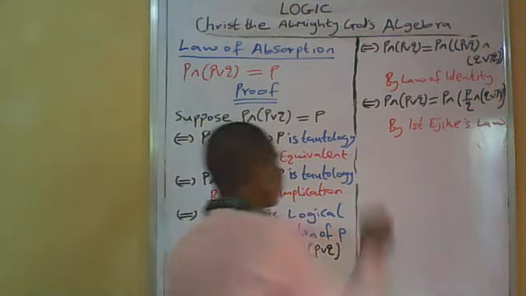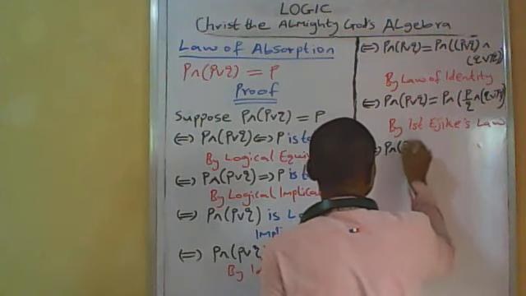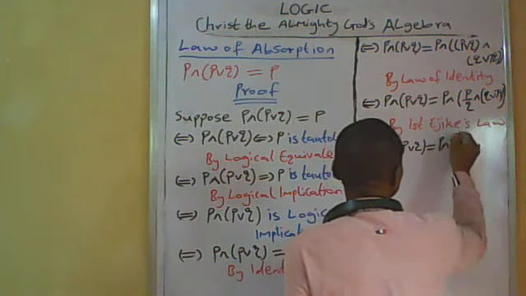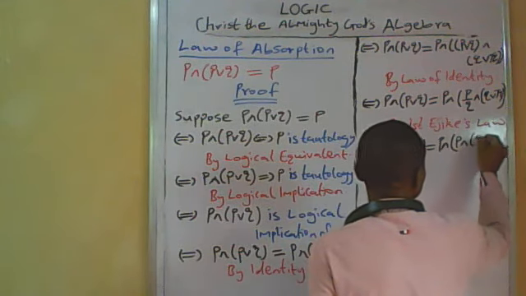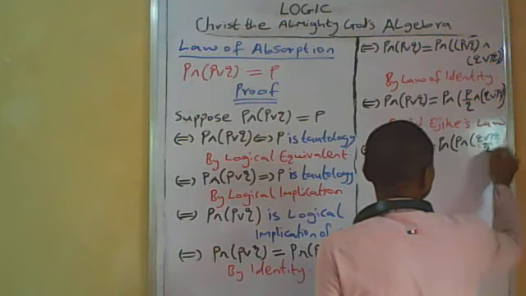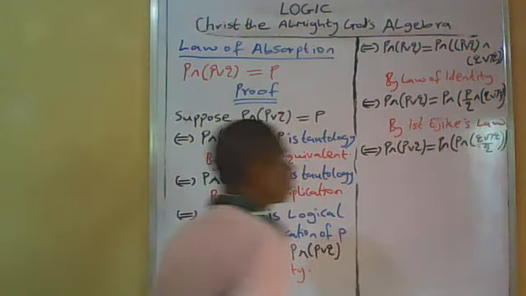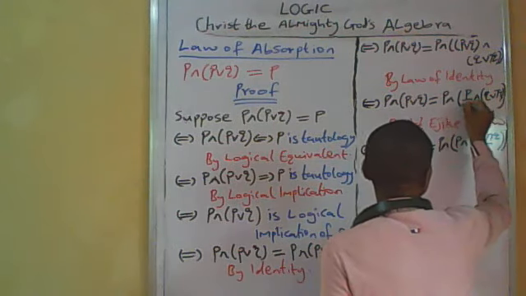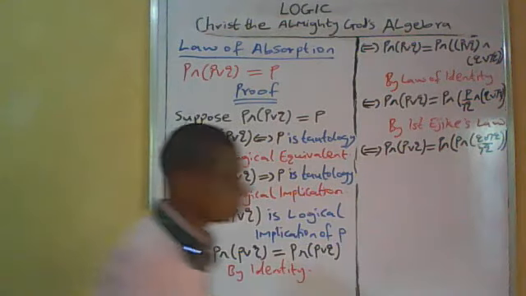If and only if P and bracket P or Q is equal to P and bracket P and bracket Q or not Q, upon not Q. Sorry, it is not Q, please note.